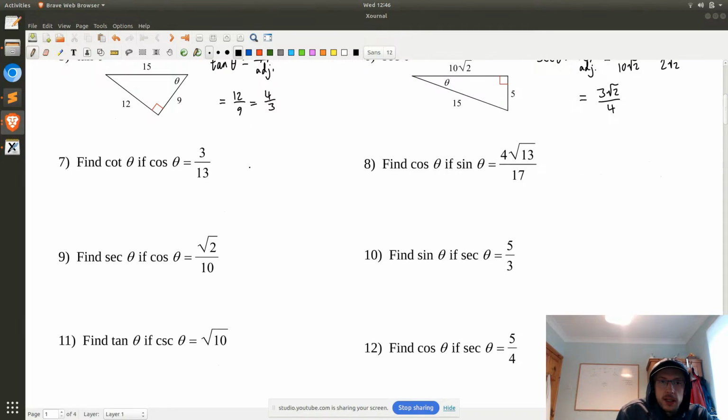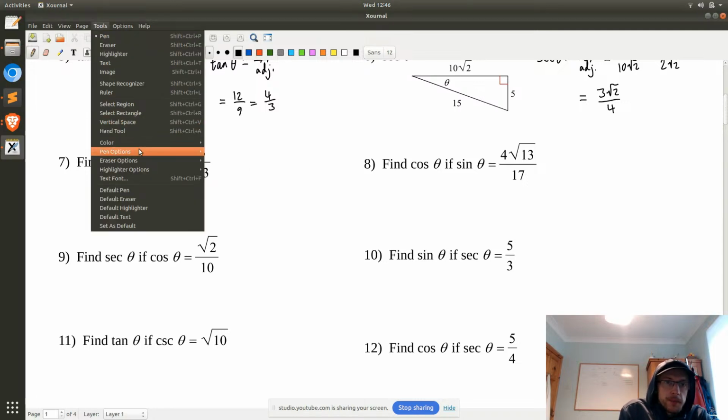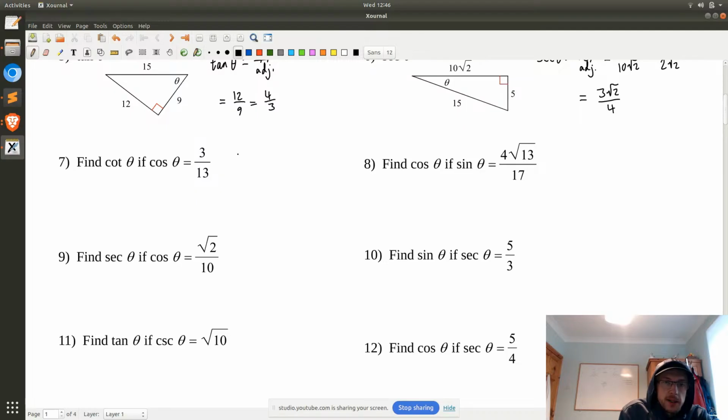Find the cotangent of theta if the cosecant of theta is 3 over 13. How to solve this? So let me just make that finer. So that's the adjacent over the hypotenuse.